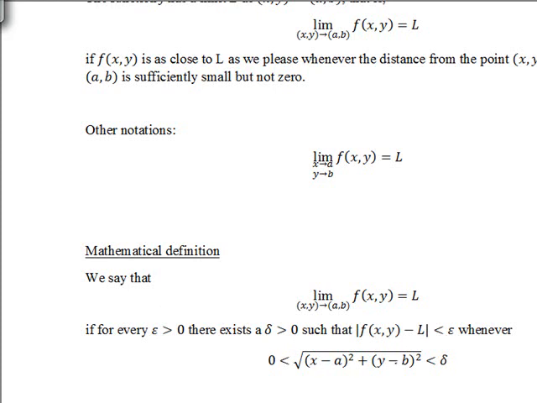What is all of this saying? This first inequality just explains that the function approaches L. Epsilon is just a tiny number. That's all it is. What is this square root thing? That's the equation of a disk or a circle. So this disk has radius delta. The center is (a, b).